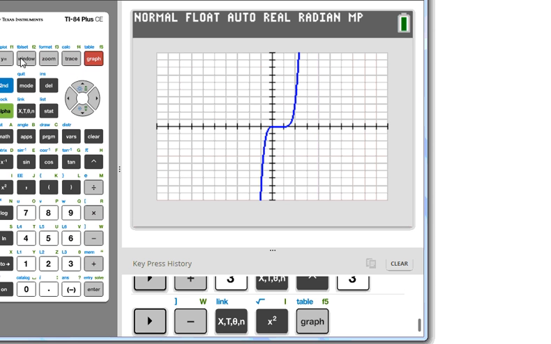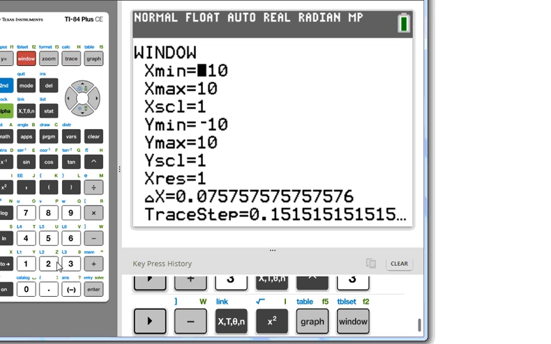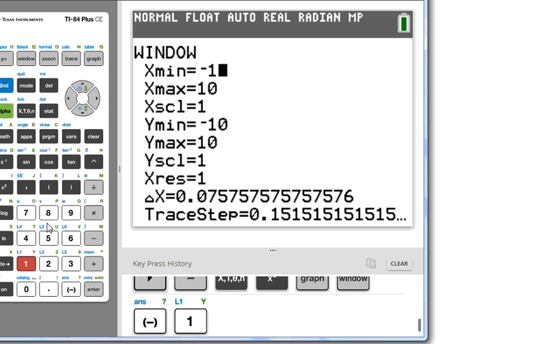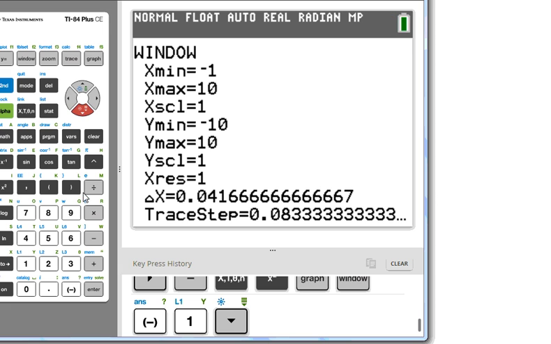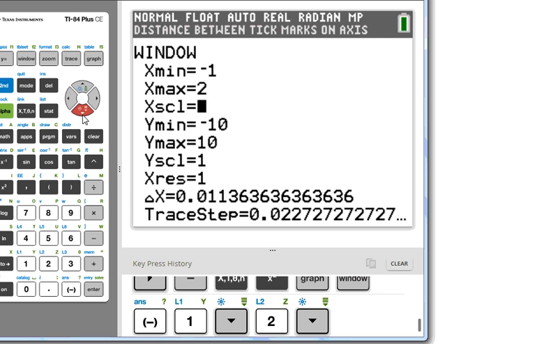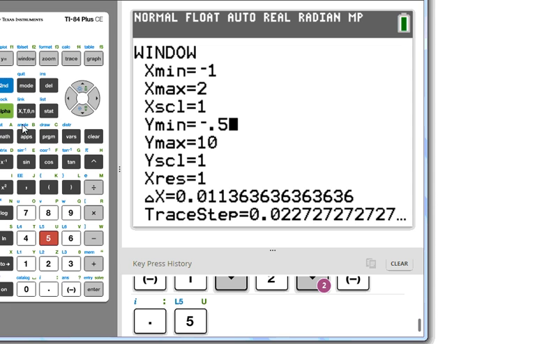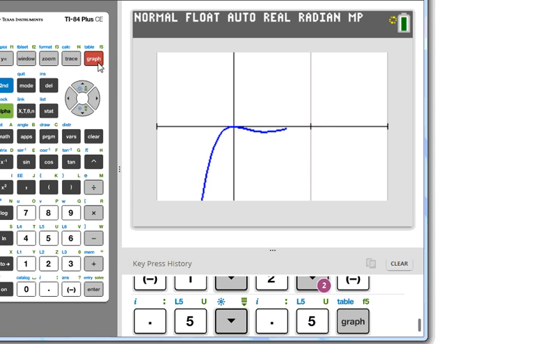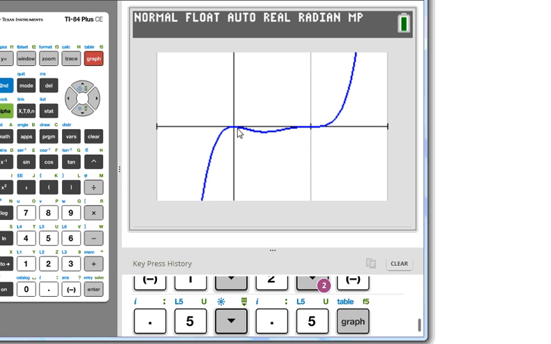You can go to Window. I'll go from -1 to 2, leave that scale the same, y minimum -0.5 to 0.5. You'll be able to see more. So the graph is touching at 0 and again at 1.